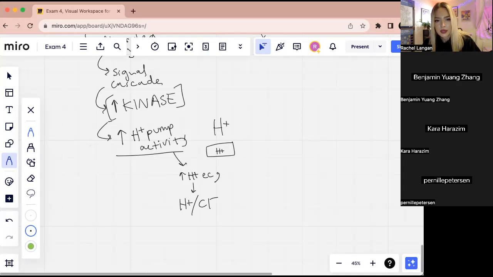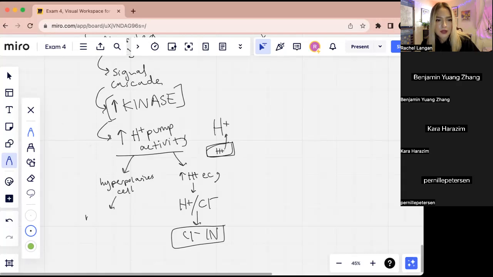So the hydrogen chloride symporter is going to bring chloride in, just like before. What else is it going to do? It hyperpolarizes the cell, because positive ions leaving means the membrane potential becomes more negative, or it hyperpolarizes.